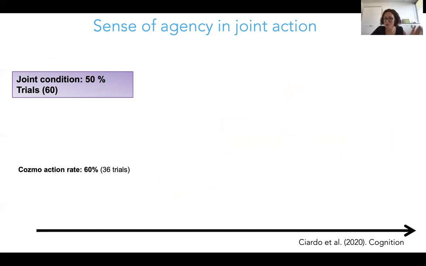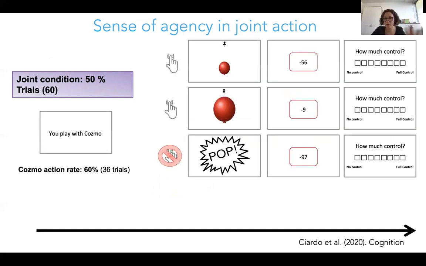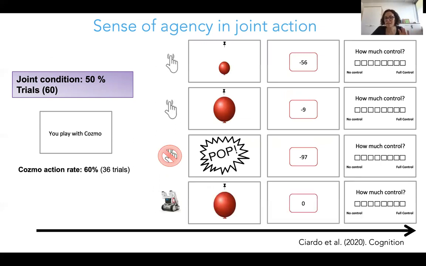If Cosmo acts, you're good, because then nobody loses points. Fantastic. But unfortunately, you never know, because Cosmo acts only in 60% of trials. So you never know whether it will act or not. You need to, again, take a risk; it's a shared responsibility situation. And again, we ask participants how much they felt in control of their actions.